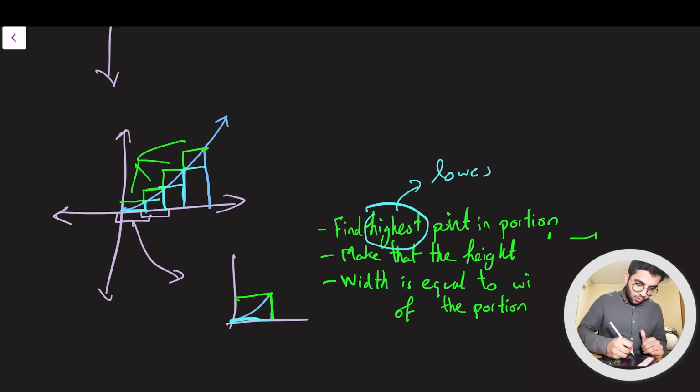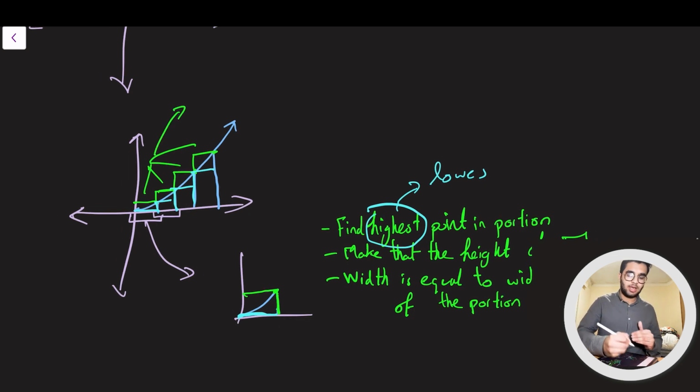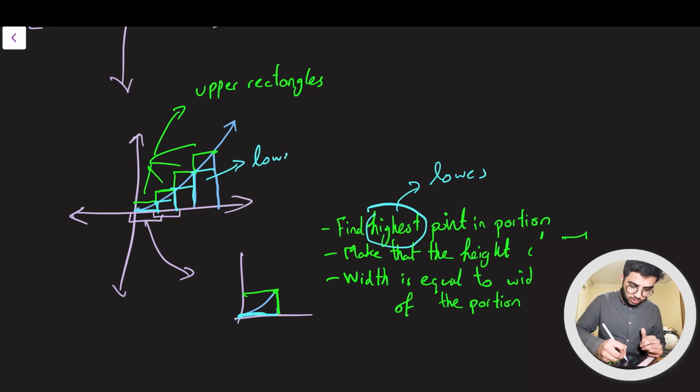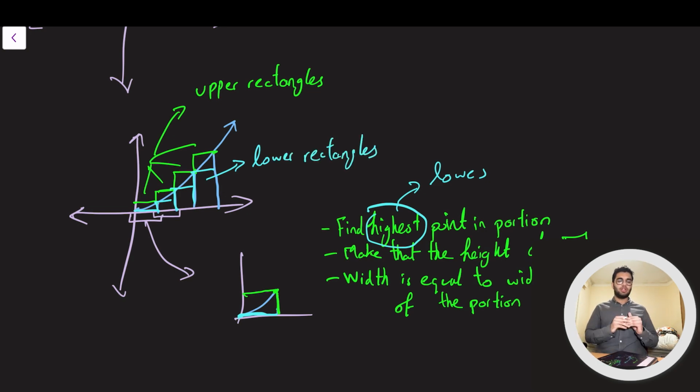Because they are above the curve, these are called upper rectangles, and these ones here are called lower rectangles.